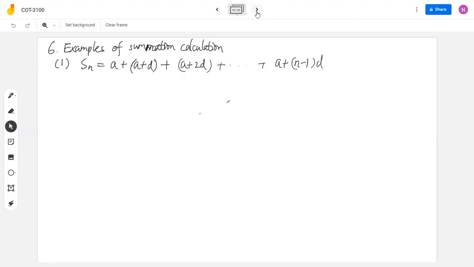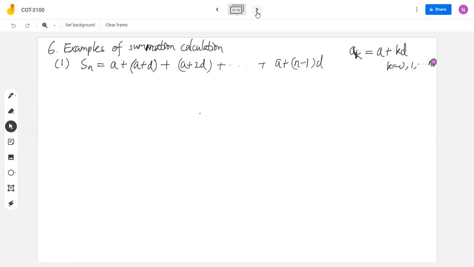So we have, for the arithmetic progression, a_k equals a plus kd, k equals 0, 1, 2, up to n minus 1.